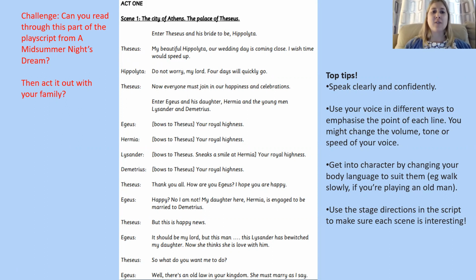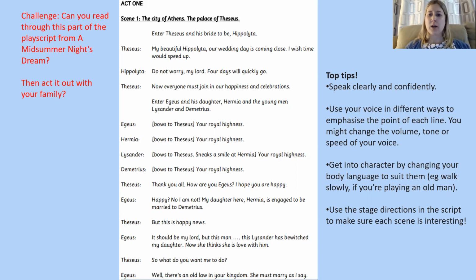You might want to change the volume, the tone, the speed, or the expression of your voice to emphasize what's being said. For example, if a character is very cross, you may want to raise your voice, or you might want to change your tone to being quite stern.